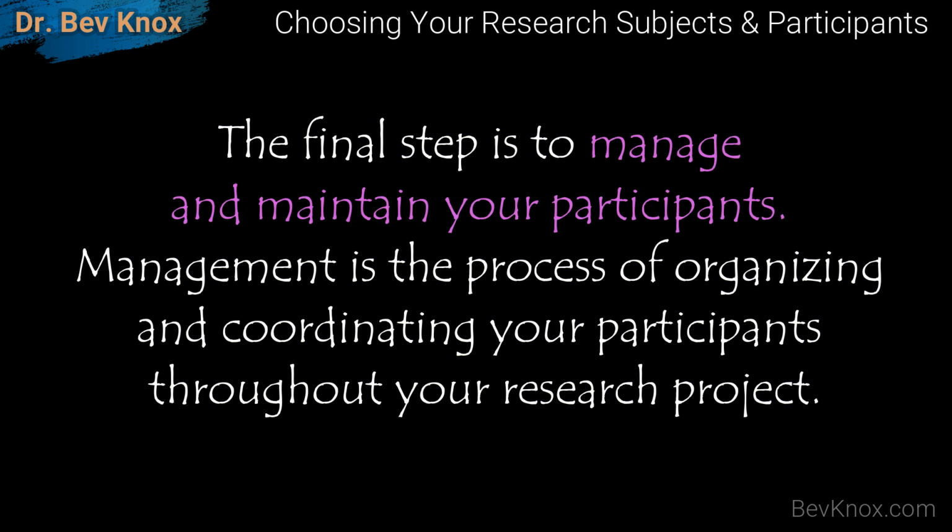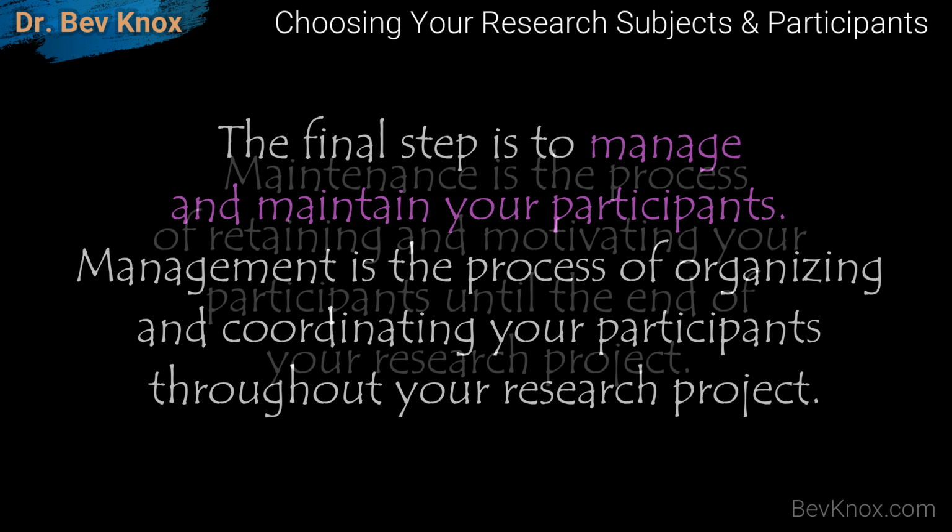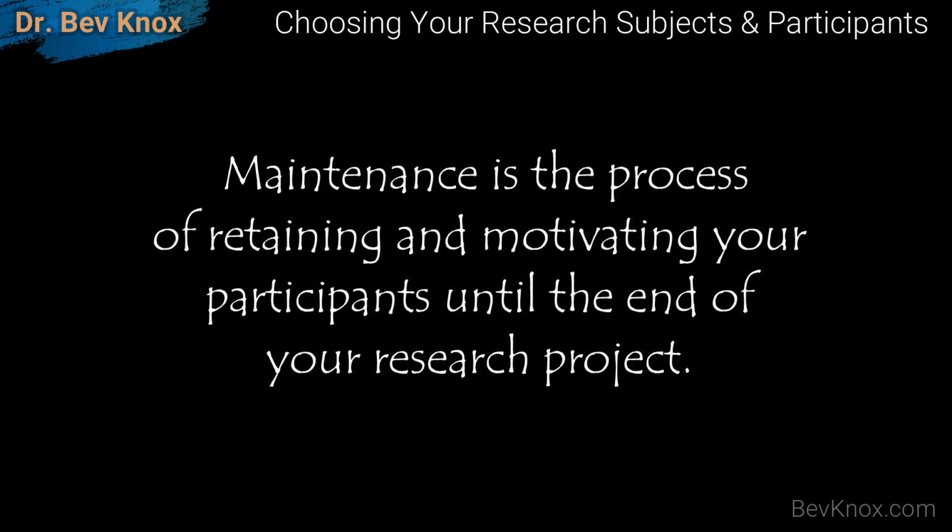Now, the final step is to manage and maintain your participants. Management is the process of organizing and coordinating your participants throughout your research project. And maintaining is the process of retaining and motivating your participants until the very end of your research project.